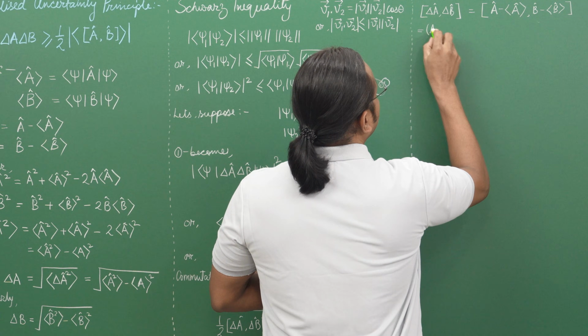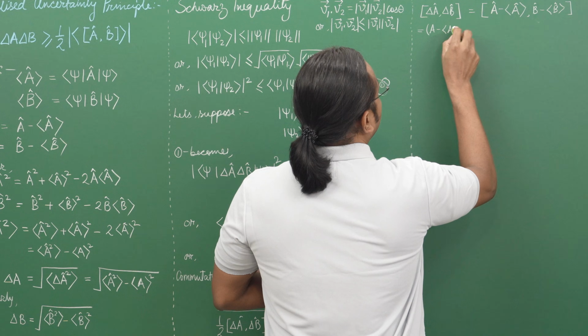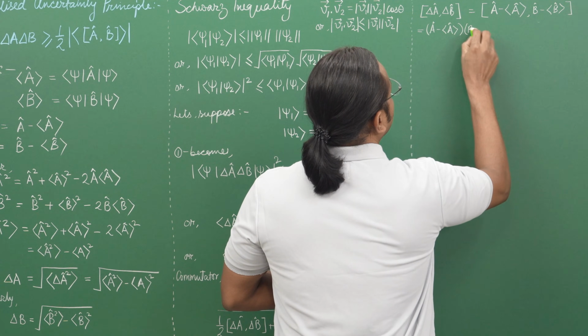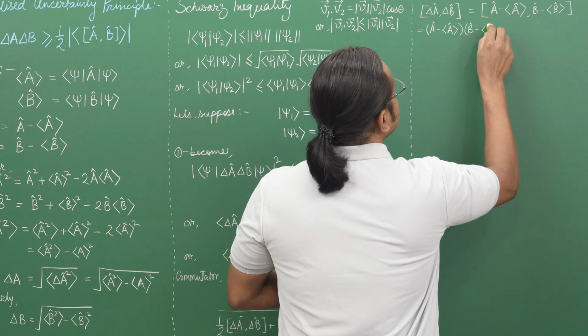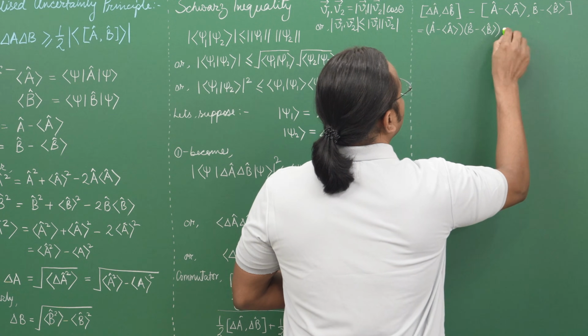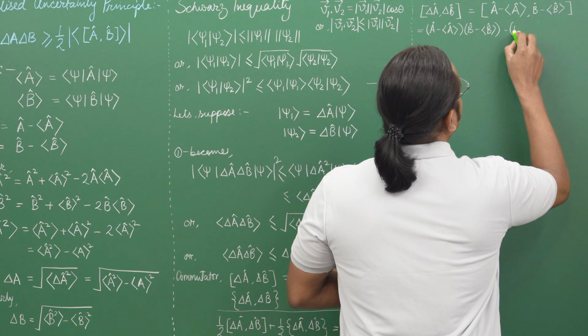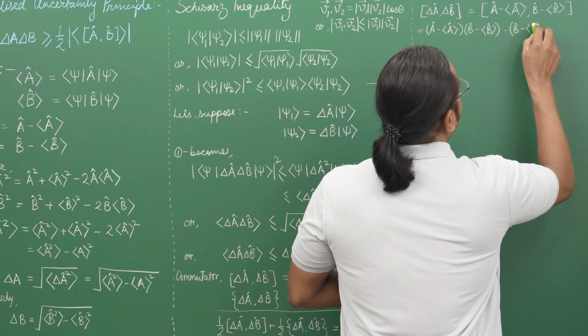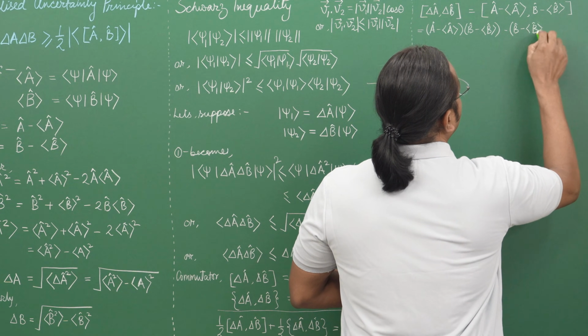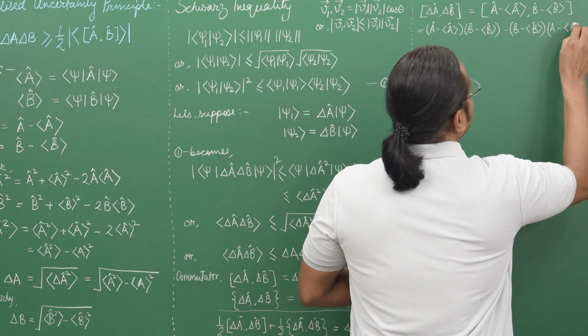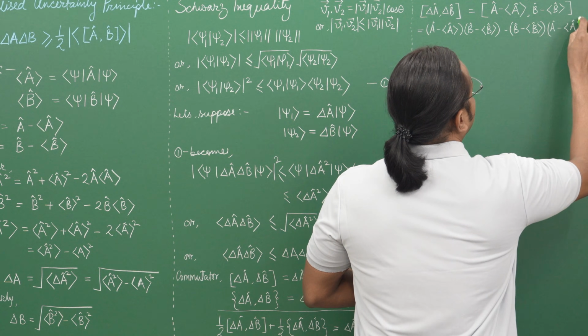So you have A minus expectation value of A times B minus expectation value of B, and then we have minus B minus expectation value of B and A minus expectation value of A, right?